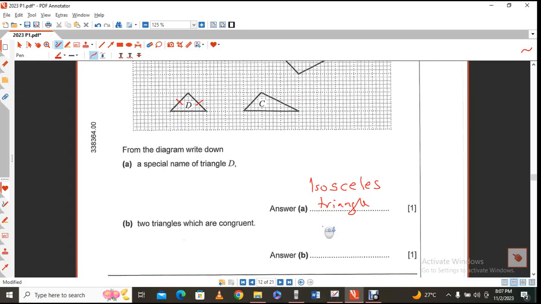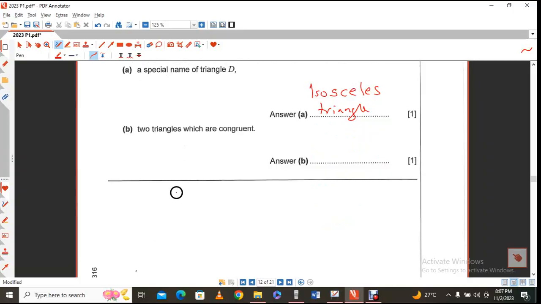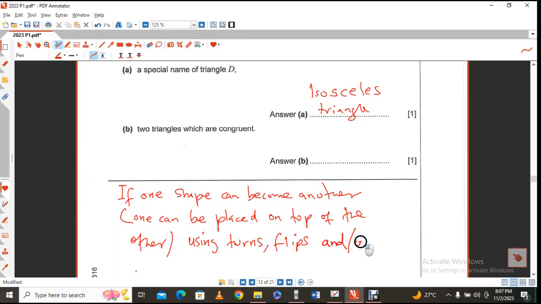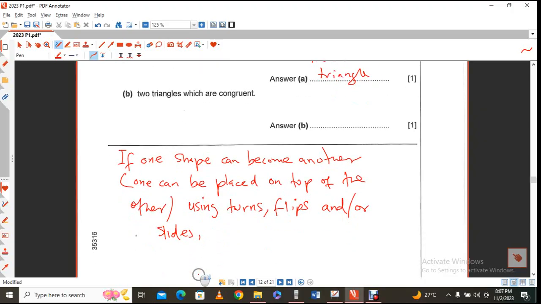Two triangles which are congruent. Maybe I must just write down, if one shape can become another, or if I want to say one can be placed on top of the other, using either flips or turns or sliding, then the shapes are congruent.